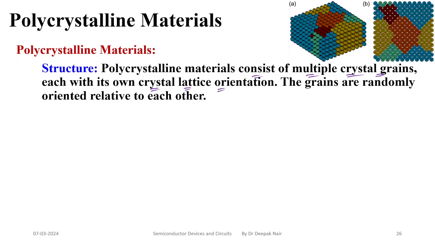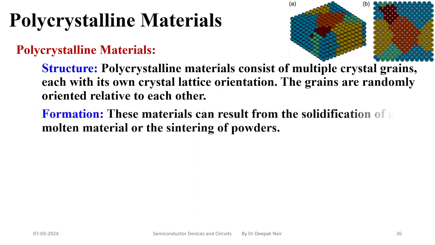So for example, here you can see there are 3 or 4 different colors associated to the crystal lattices, and they have a certain pattern, but overall these polycrystalline materials may contain multiple crystal grains and they have their own crystal lattice orientations. But these grains are randomly oriented. They don't have a very periodic arrangement of crystals inside them.